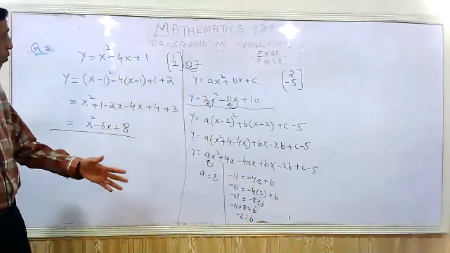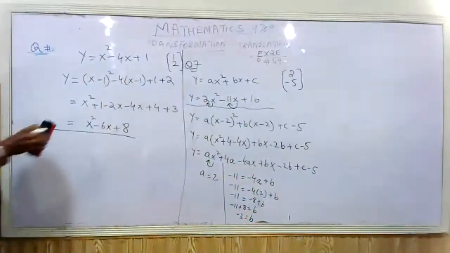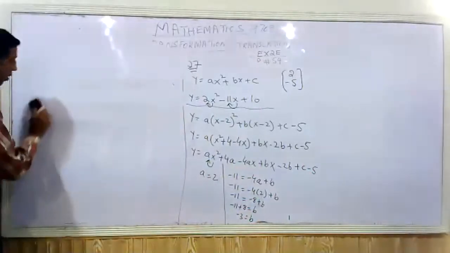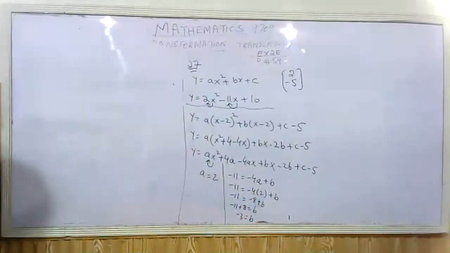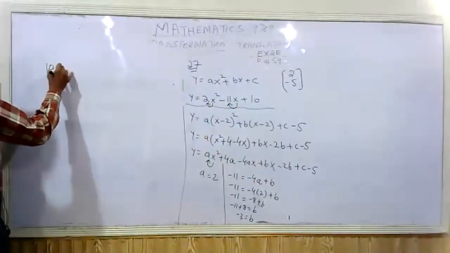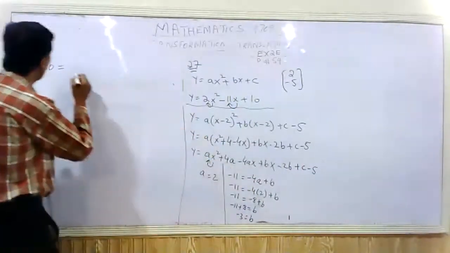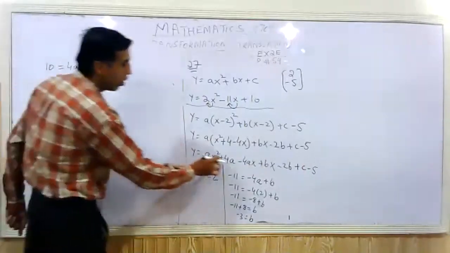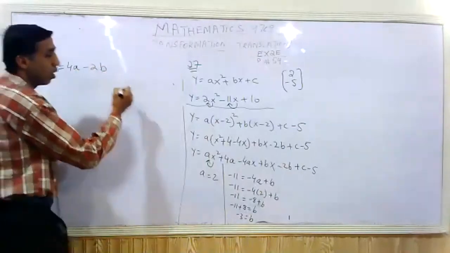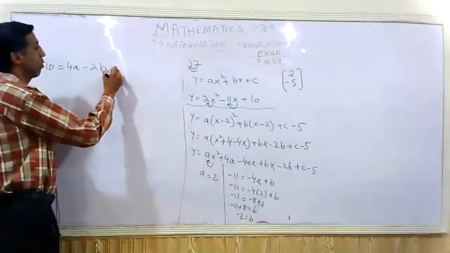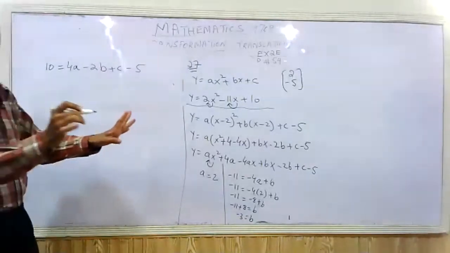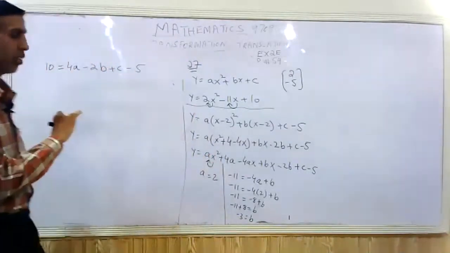Now we have to find the value of c. c is a constant. Here the constant value is 10, and here the constant is 4a minus 2b plus c minus 5. All the constants without x you have to write.